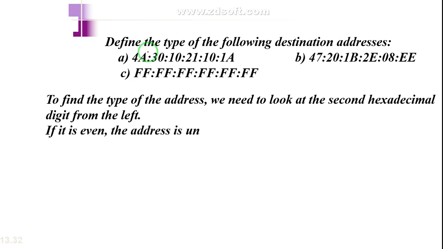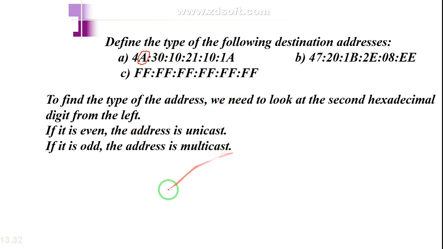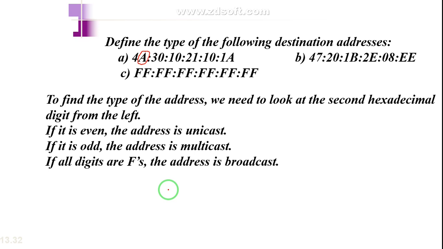Now, if it is even, then the address is unicast. It means guys, I am talking about this address. If it is even, the address is unicast. If it is odd, the address is multicast. And if all digits are F, that is ones, then the address is broadcast. So unicast means the sender sends to only one destination, one-to-one communication.